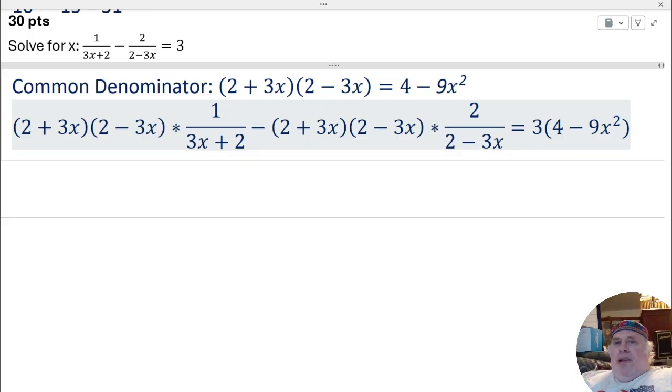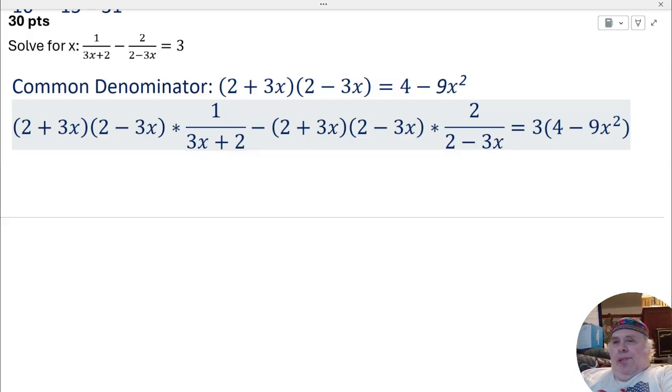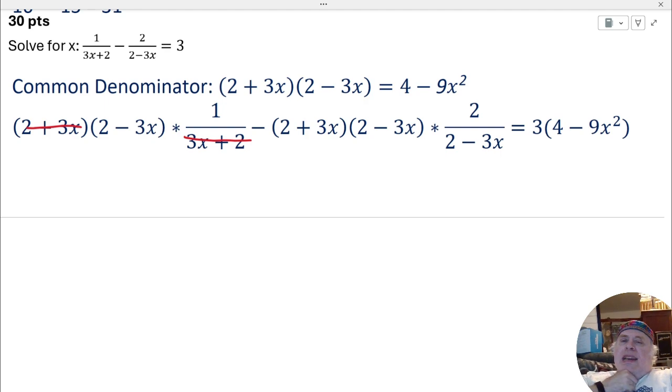And then I'm going to start canceling stuff. So 2 plus 3x is the same thing as 3x plus 2, so that denominator cancels. 2 minus 3x cancels 2 minus 3x.